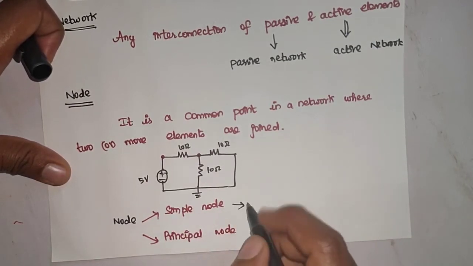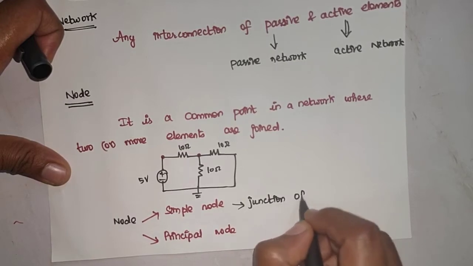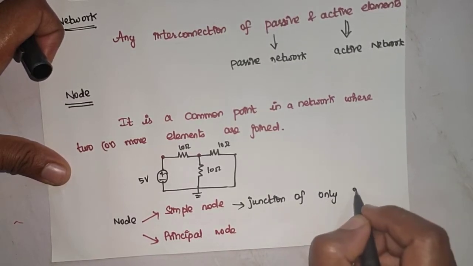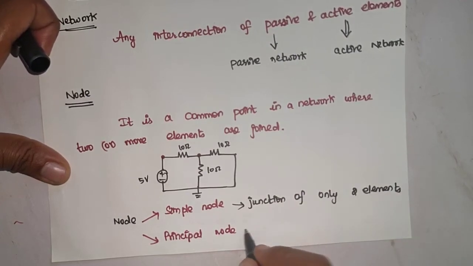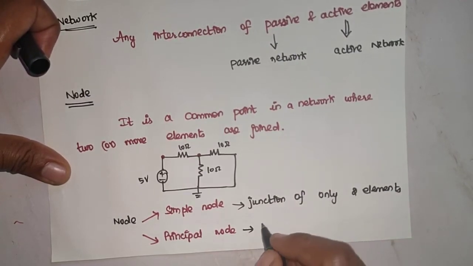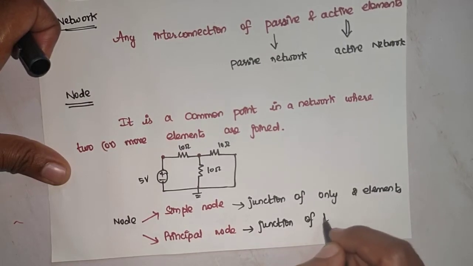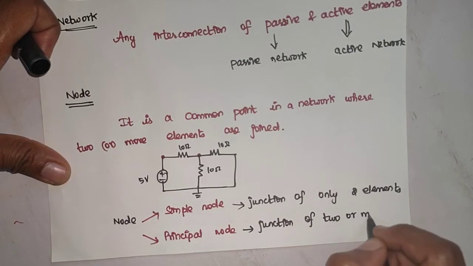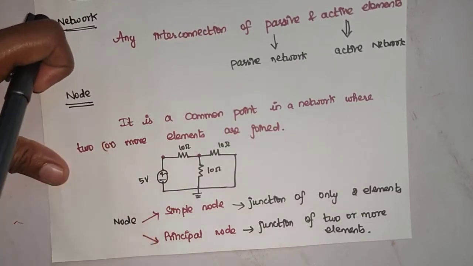What is simple node? Simple node is a junction of only two elements. Principal node is a junction of two or more elements. So see this example.